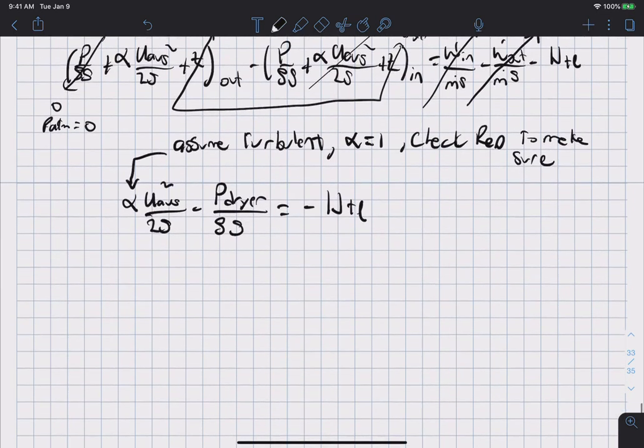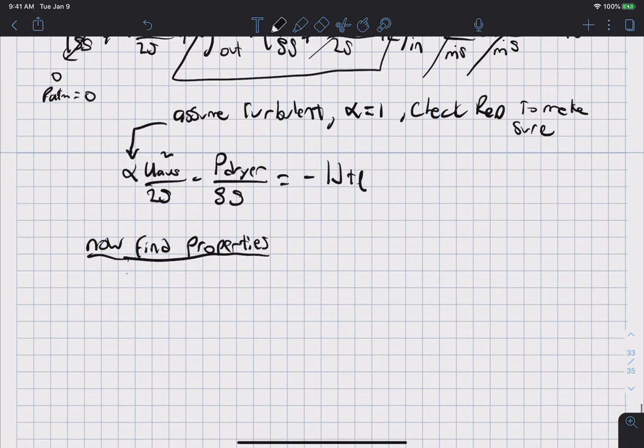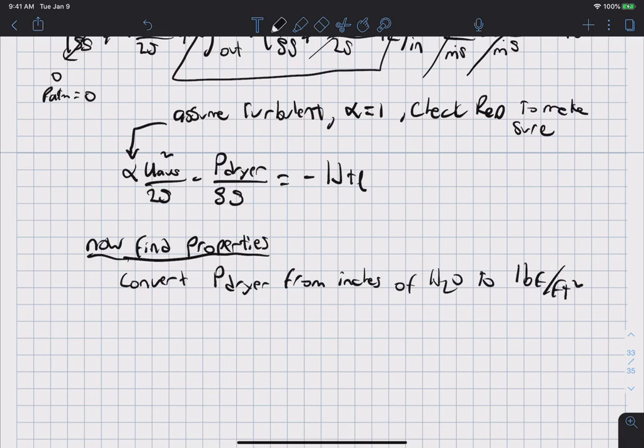Okay, so now we need to find the various properties. So first we need to convert P of the dryer from inches of H2O to pound force per foot squared.